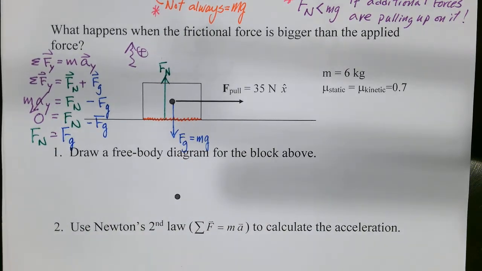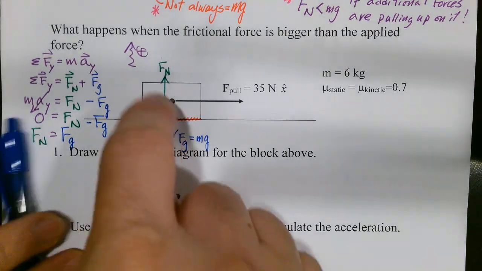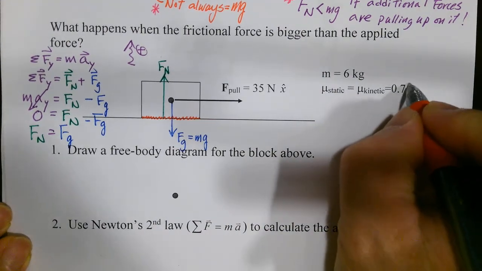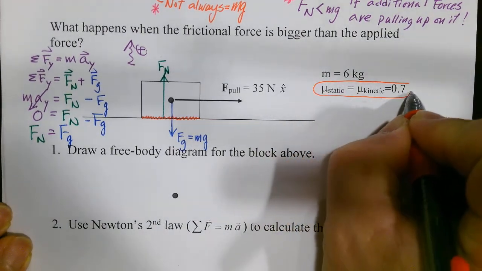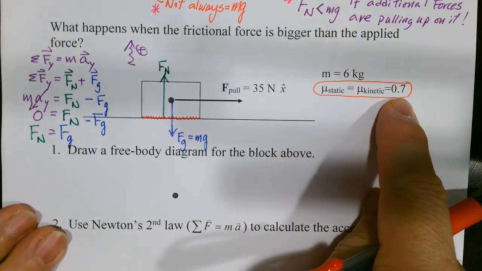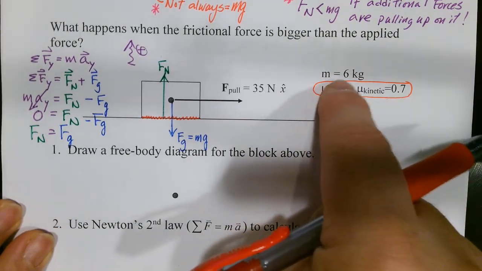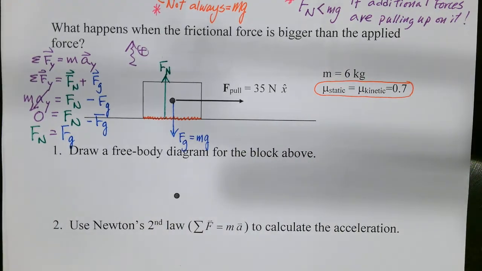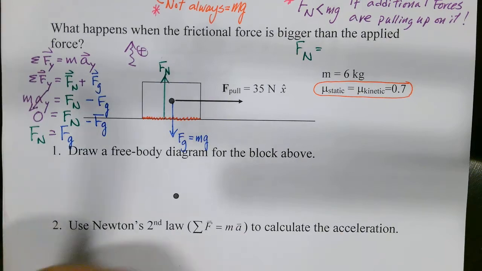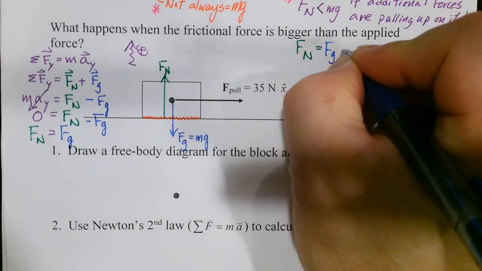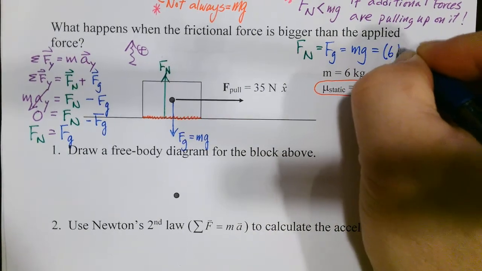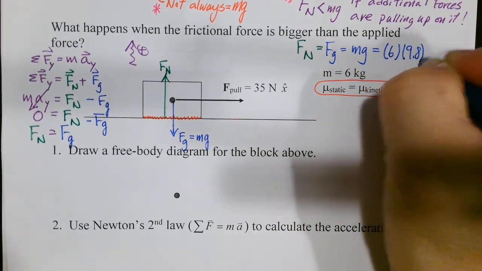To calculate my frictional force, since they gave us the mu, both mu static and mu kinetic happen to be the same thing, 0.7, we can calculate the normal force. F normal is equal to Fg, which is equal to m times g, therefore 6 times 9.8.